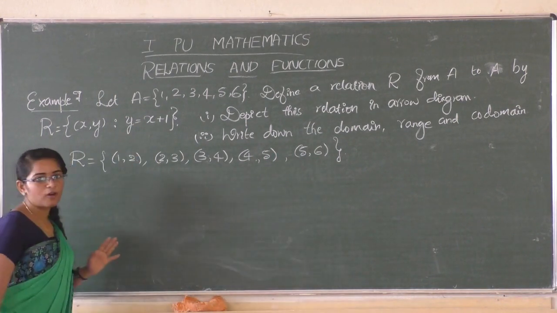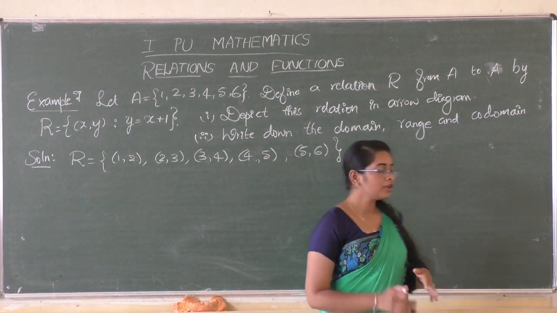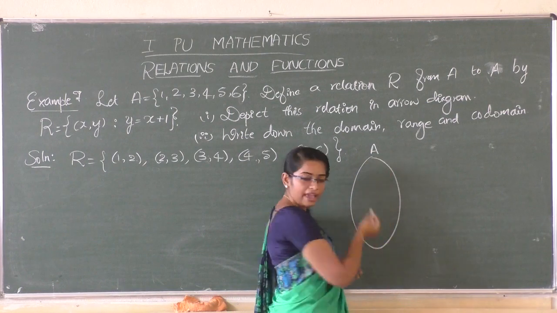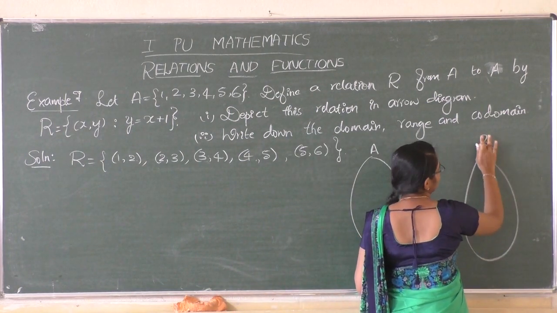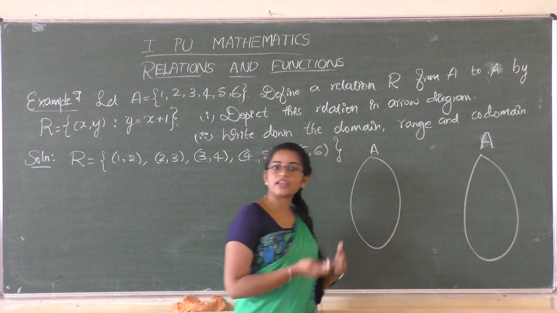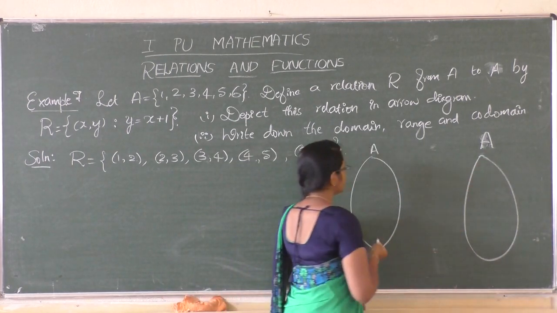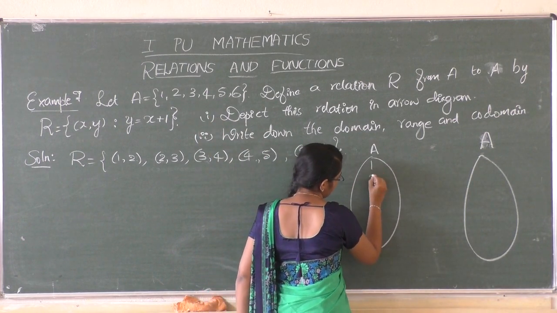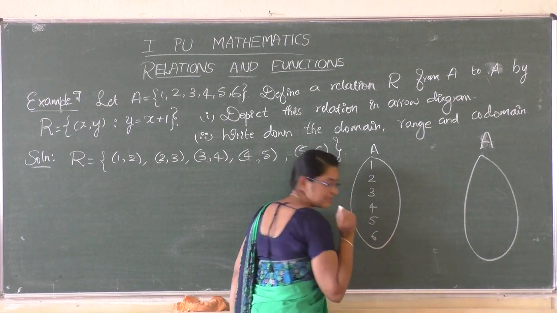Okay, I hope you are following this. Now coming to the arrow diagram. How to write the arrow diagram? First we have to draw the first set, it is A. Similarly the set B, here it is given that the relation is from the set A to the set A itself. Here we have 6 elements. We should write those elements here, 1, 2, 3, 4, 5 and 6.